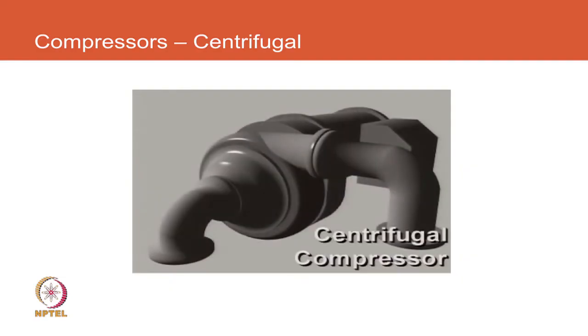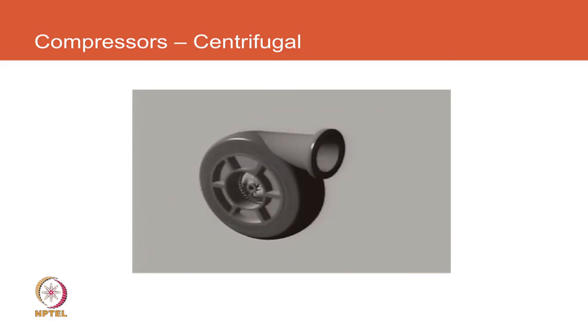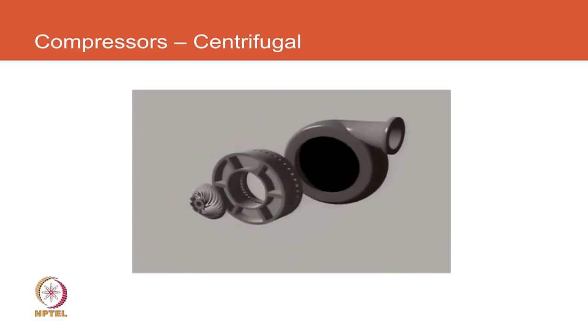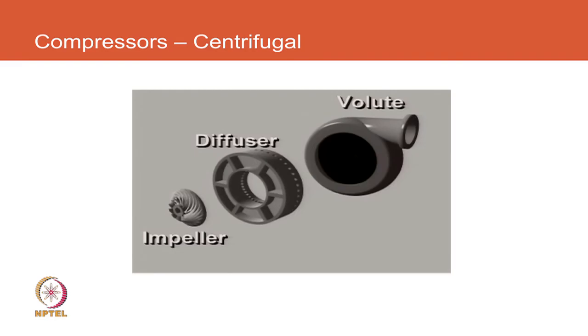So here we have a centrifugal compressor, and in a centrifugal compressor, the key components consist of an impeller, vanes, and a volute casing. So what we do inside a centrifugal compressor is we use the impeller to impart high velocity to the refrigerant gas.